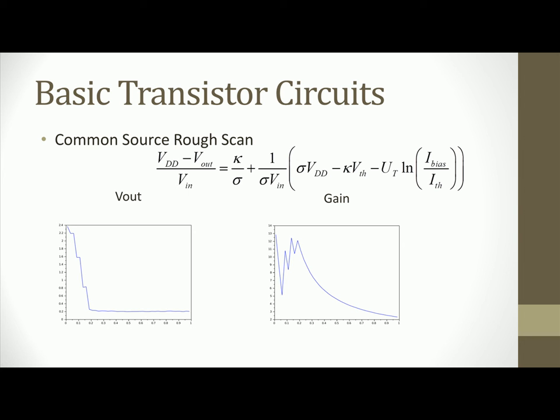Actually, if I want to get 1 millivolt, the program always crashes. So basically, we can see the gain which I derive from VDD minus V out over V in. It is exactly what it should be like because there is a reciprocal part of V in over here.